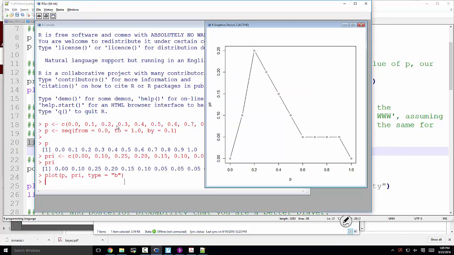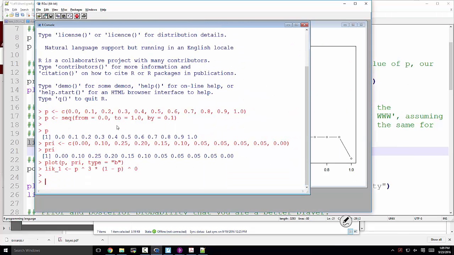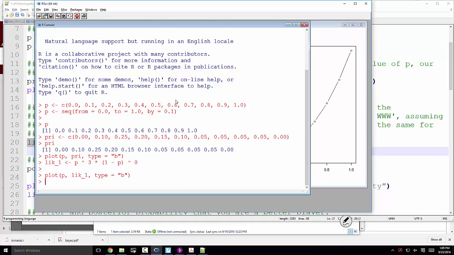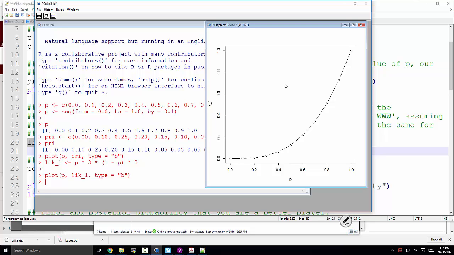What we now have, we don't know what P is, but we evaluated the likelihood for a range of possible values of P. Now we could make a picture of the likelihoods. Looks like that.